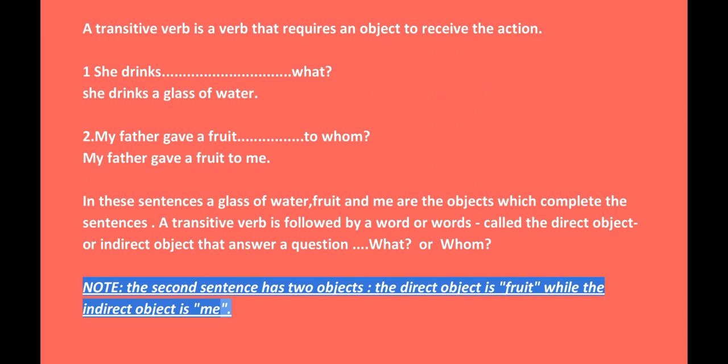In this case, fruit is the direct object of the verb and me is the indirect object. So you can define direct object as the person or thing that receives the action of the verb. And the indirect object is the person or thing to whom or on whom the action of the verb is done. Okay children?